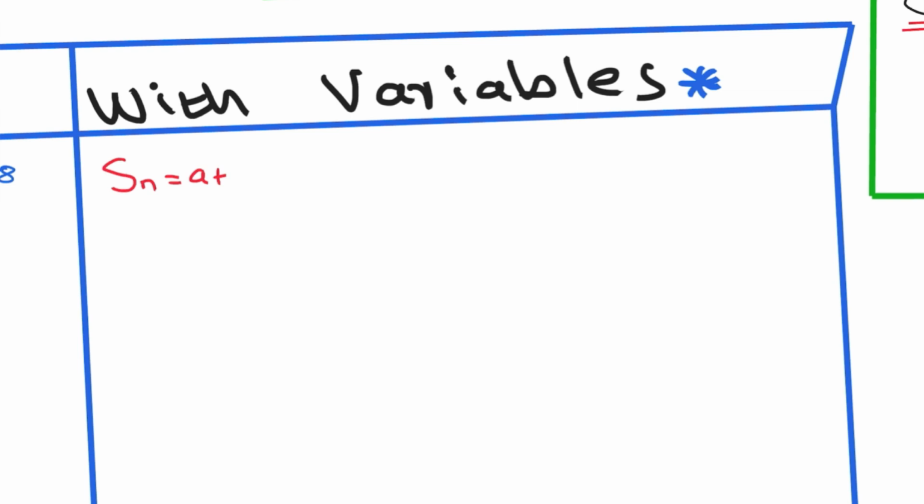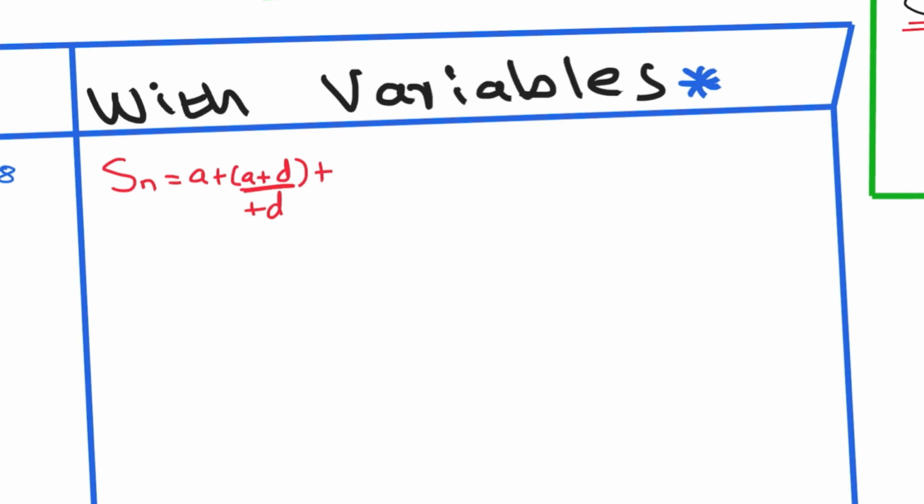So a plus d is going to give me the next term, right? And then plus, to get the next term, I'll take the previous term and add d, because d was the difference.